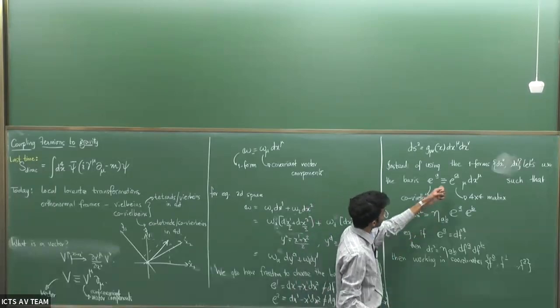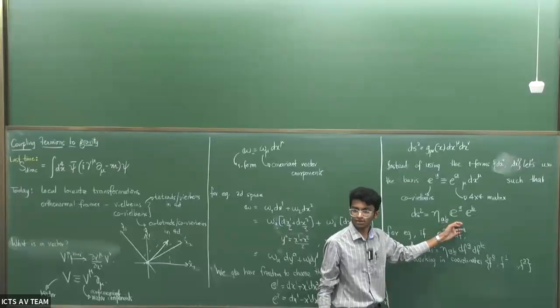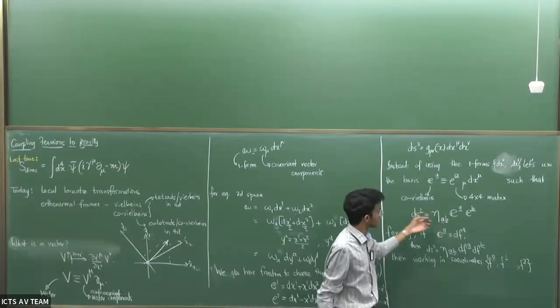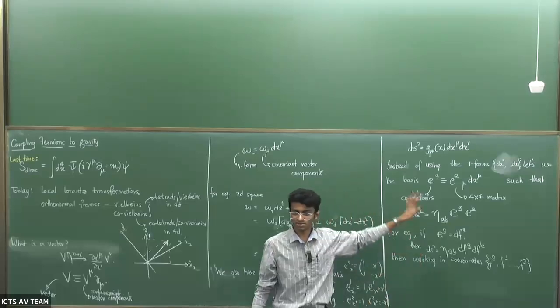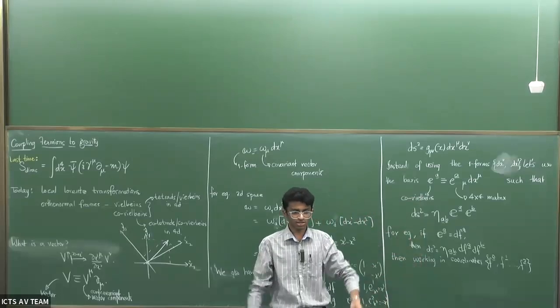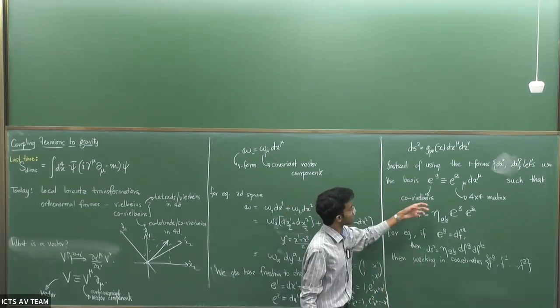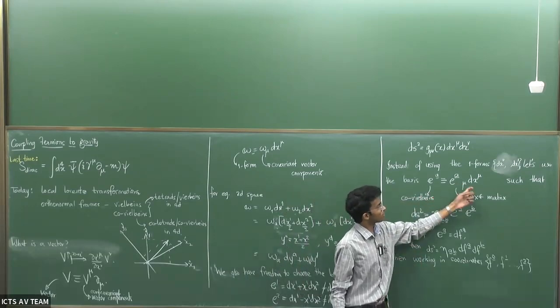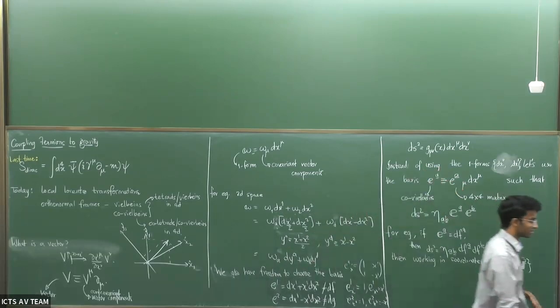So I will choose my E^A such that this is true. This is my choice of basis. This might seem very abstract, so let me give you some examples of how you sit down and construct this Vielbein. It's called co-Vielbein because these are the co-Vielbein components. The inverse of these are called Vielbeins. Some historical meaning.